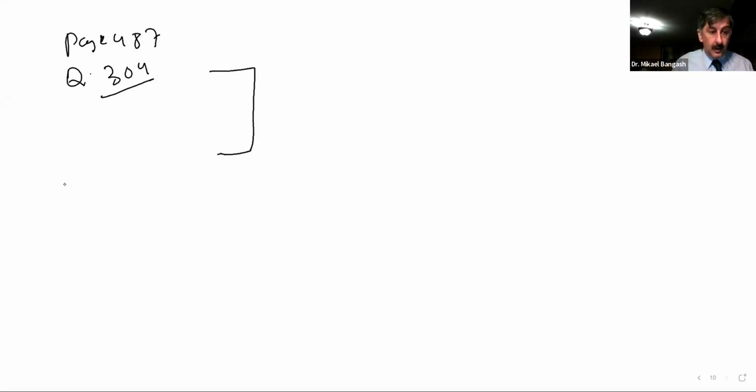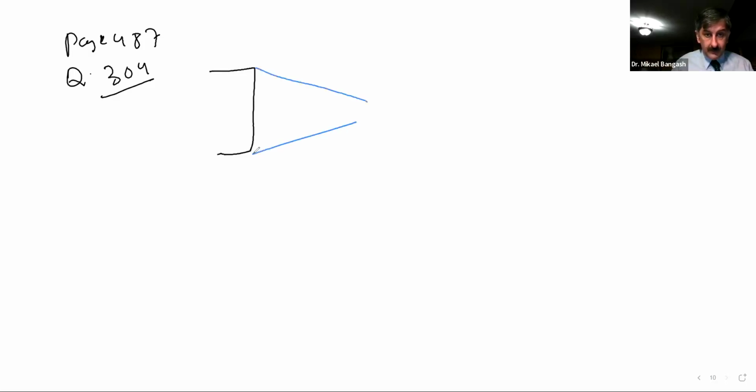Okay guys, we are going to go on to page 487, starting at question number 304. What is the region from the transducer to the smallest cross-sectional area of the beam called?